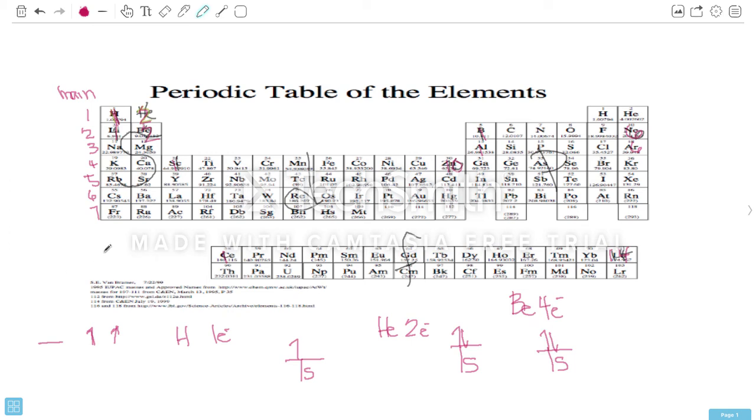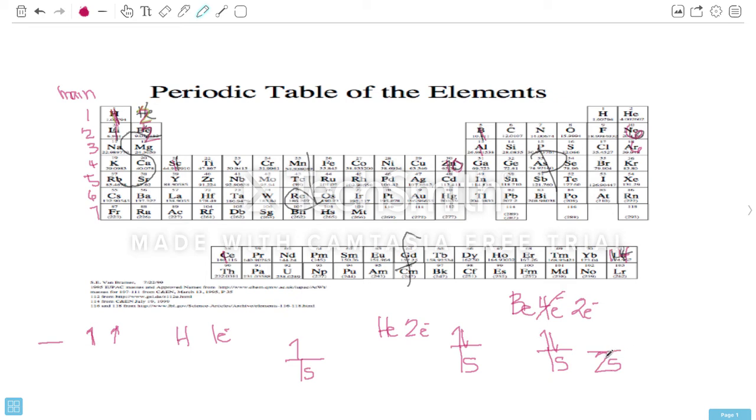So after we are done with this first energy level, 1, you move down to the second energy level. And now we have the second energy level. The first sublevel we come to is S. The S sublevel has 1 orbital. So we've drawn 2 electrons. So we subtract 2 and now we have 2 electrons left to draw.